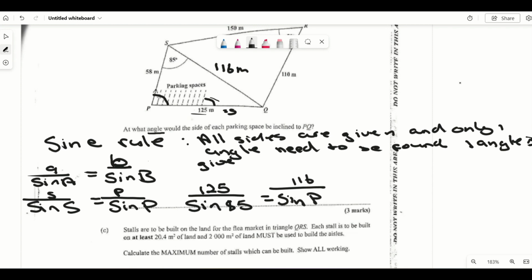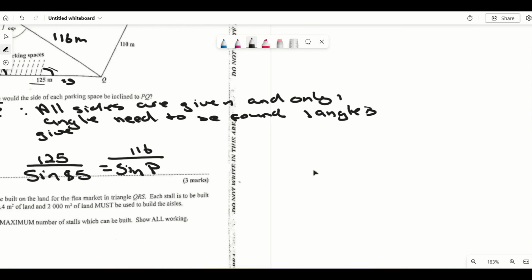And then we just make P the subject of the formula. Alright, so what we're going to do, let me just get space because I'll need space for this. We have 125 over sine 85 is equal to 116 over sine P.